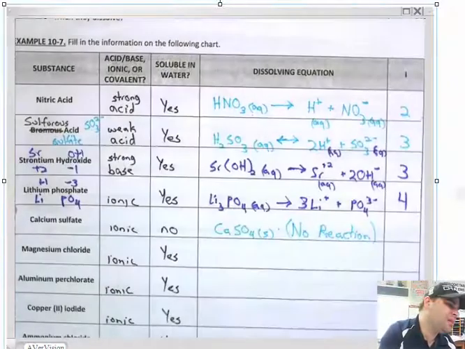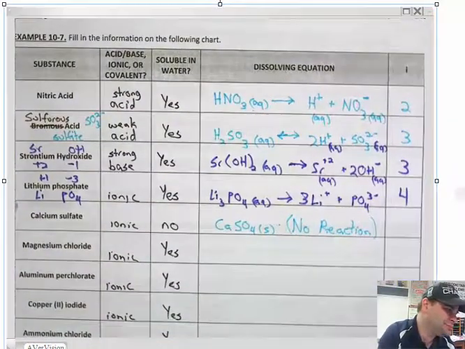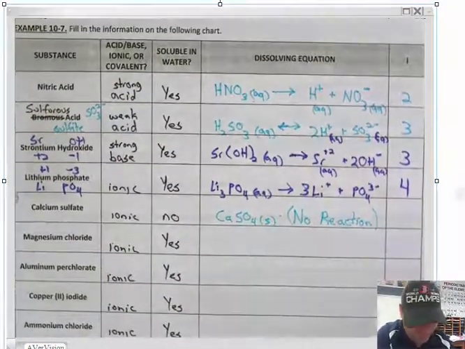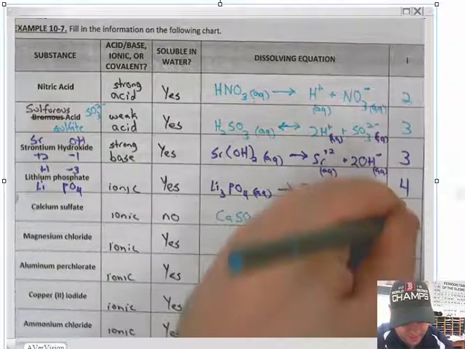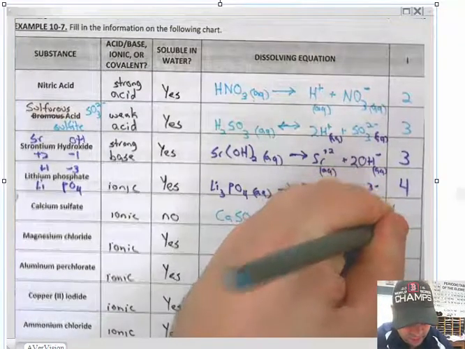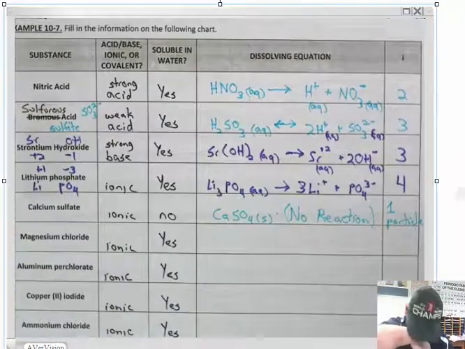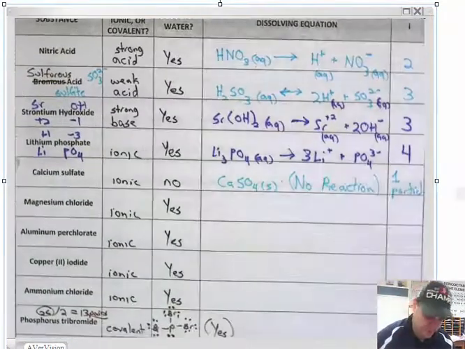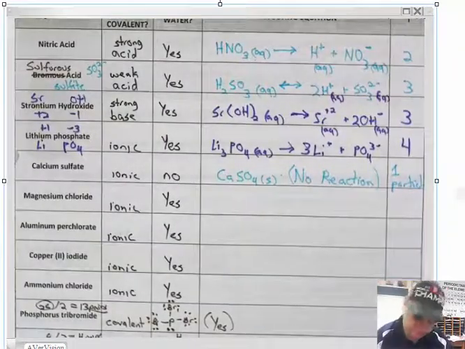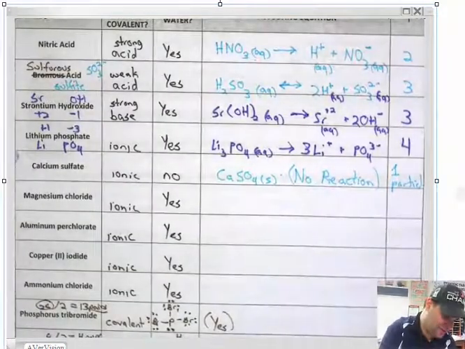But there is no reaction for that. So this to me is 1 particle because it did not break apart. Some other people might disagree with me there, but that's what I'm going with.